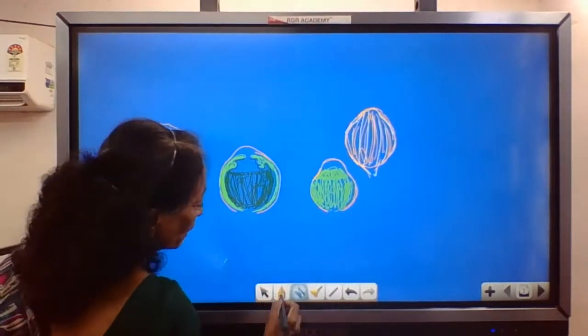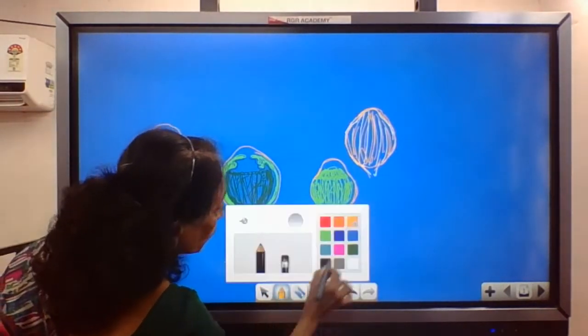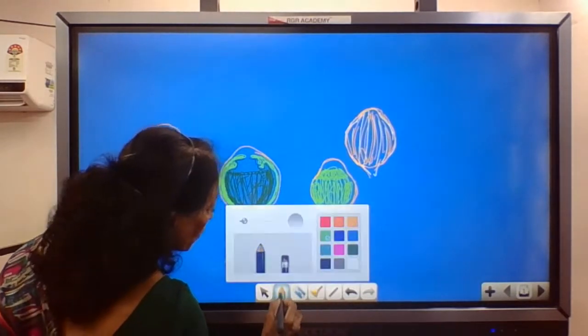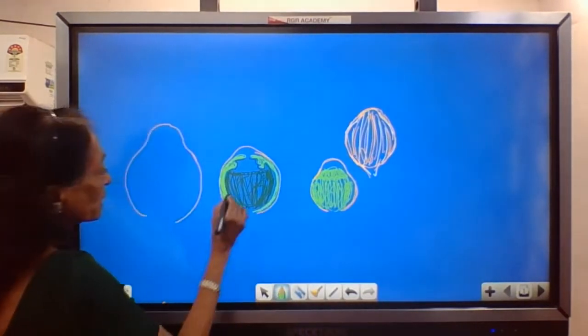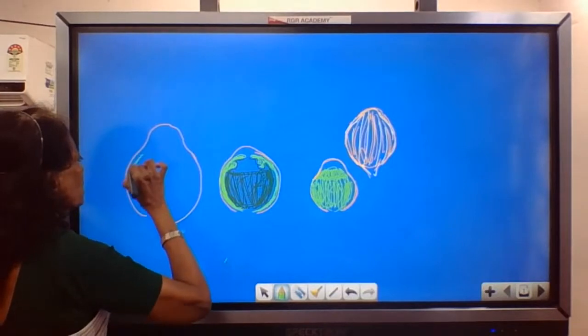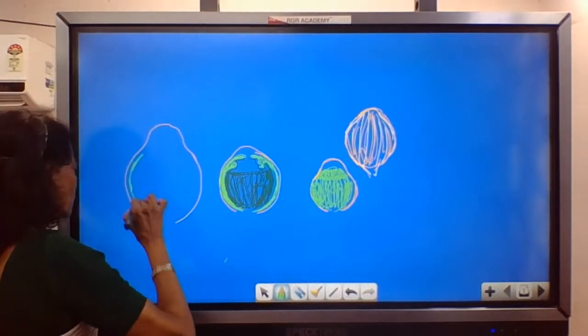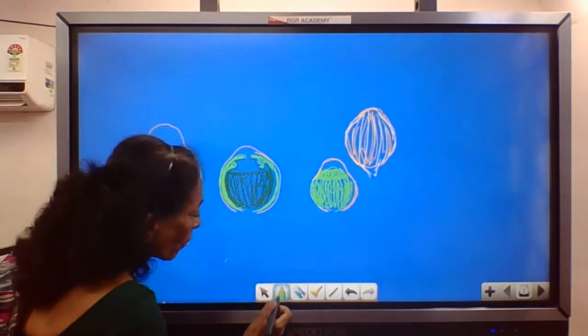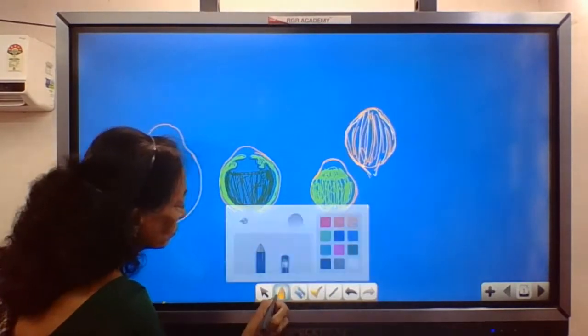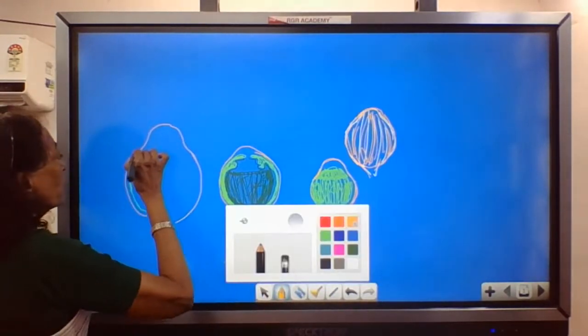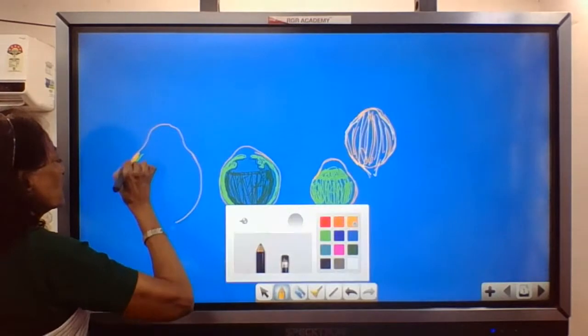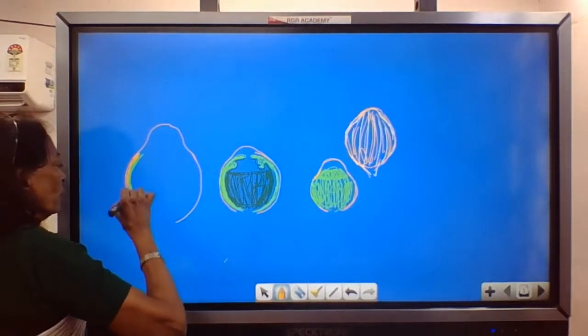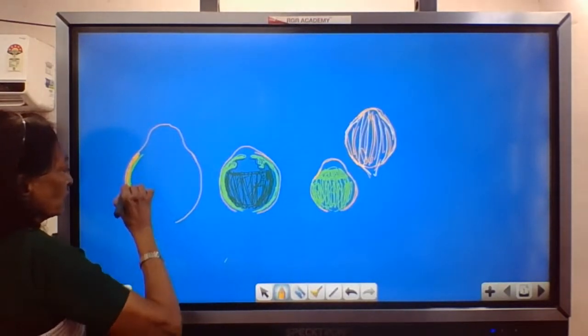What is the second one? The second layer. What is the second layer now? Now this is the second layer. The second layer is this. It's not a single line because it's a layer. You can make out the thickness. This is the outermost layer, the first cover which I peeled off.